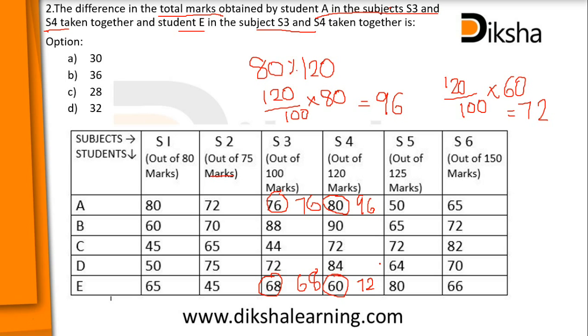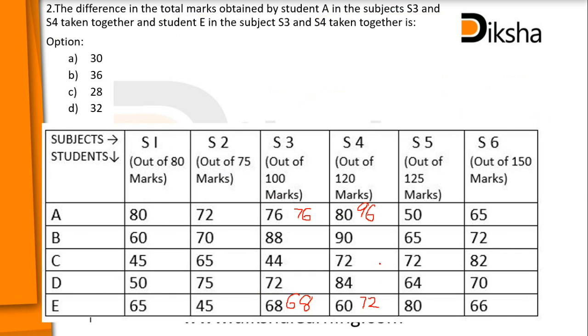What is the difference in the total marks obtained by student A in S3 and S4 and student E in S3 and S4? So we will be adding those marks.